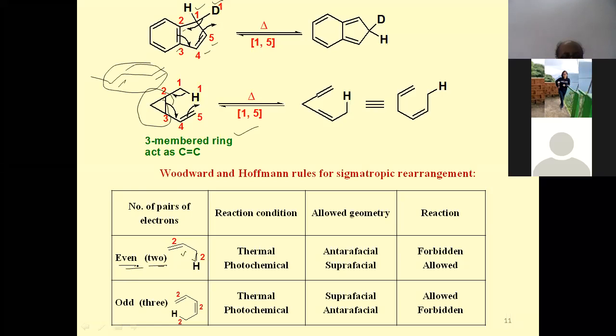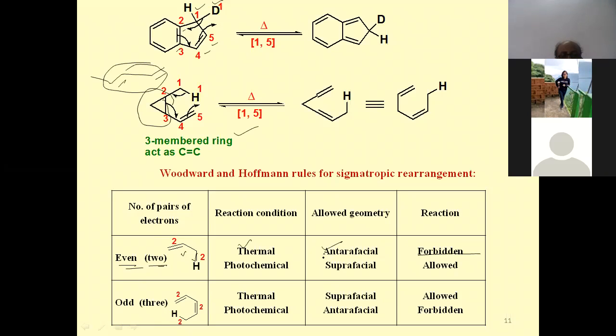When it is an even system in the allylic system for sigmatropic shift, the reaction under thermal condition is going to be antarafacial, and it is going to be forbidden. That means it is not going to take place.